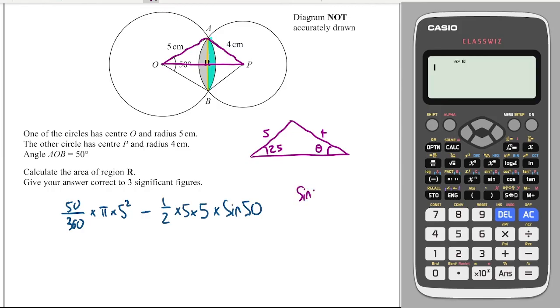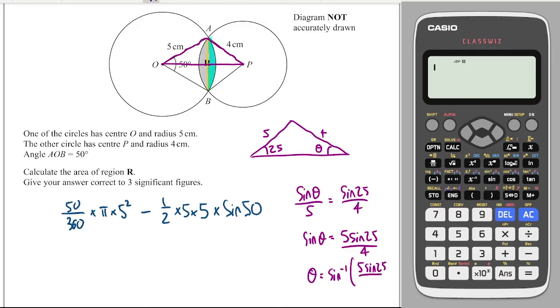So sine of theta over 5 will equal sine of 25 over 4. So therefore sine of theta will equal 5 times sine 25 over 4. And then to get theta I would do sine to the minus 1 of 5 sine 25 over 4.